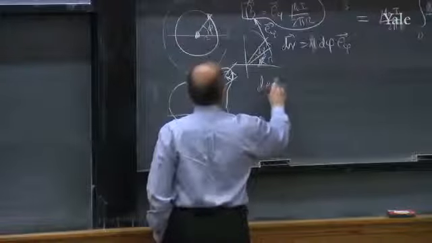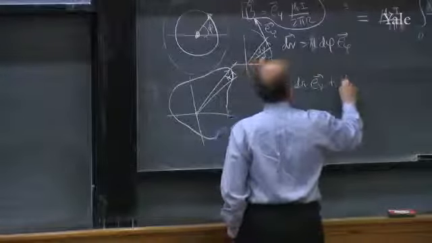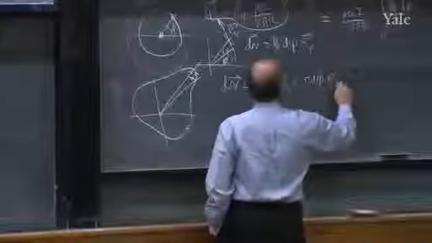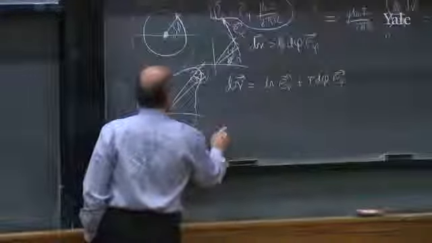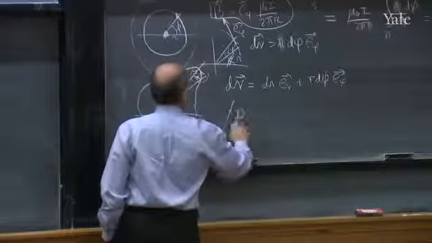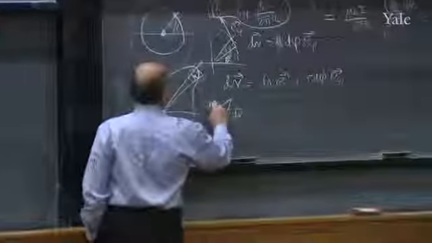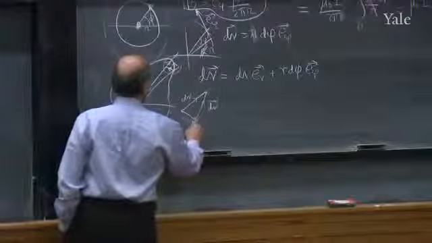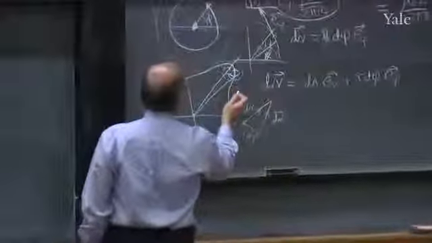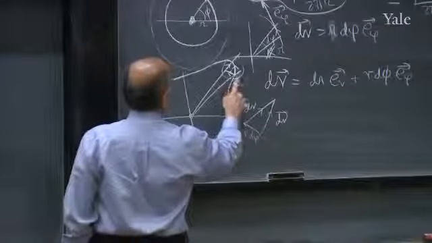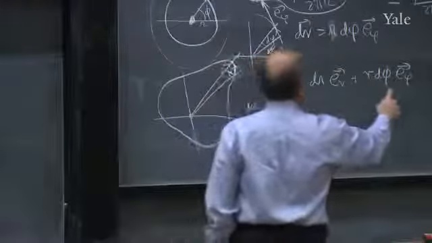So you can see the dr of the loop is dr times e r plus r d phi times e phi. Let me blow this up for you if you like. So that is that segment there, dr, and that's got an angular part and a radial part. Radial part has length dr, angular part has length r d phi.